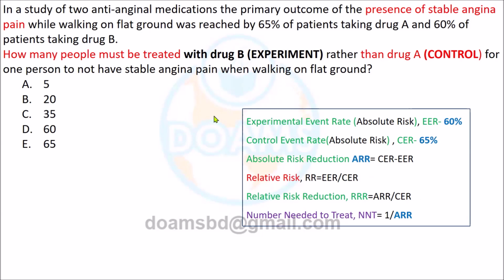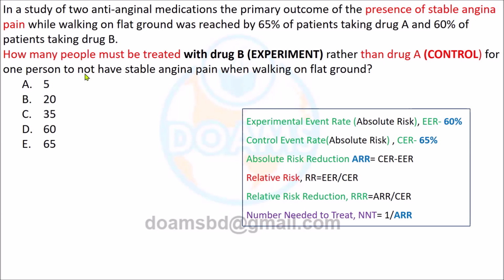They are not asking NNT by name, but they are telling in a descriptive manner how many people must be treated with drug B rather than drug A. So it is your job to identify which will be the control, which will be the experiment. Actually, the question does not contain the word experiment or control. It is your understanding that I am putting here.